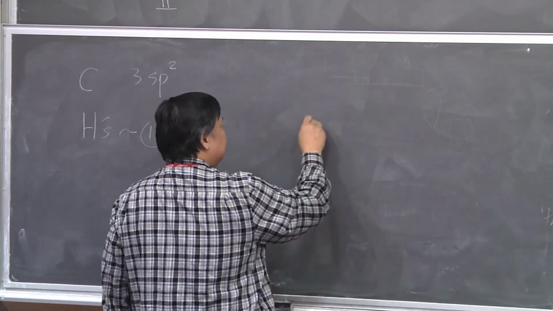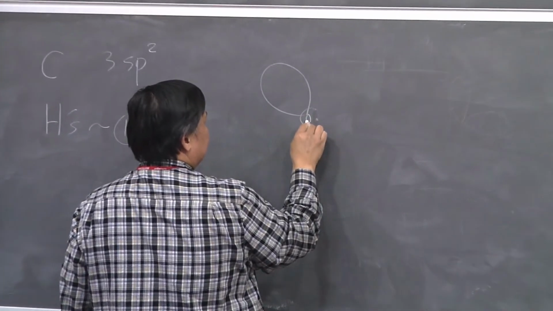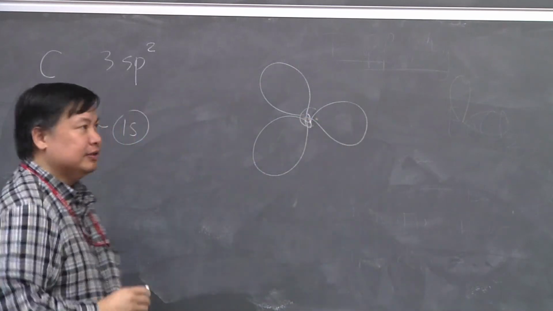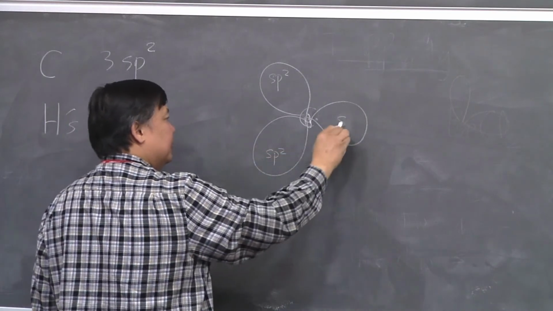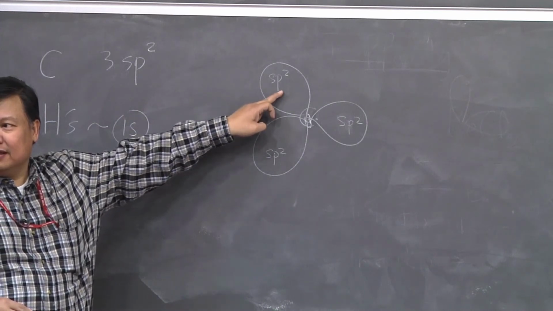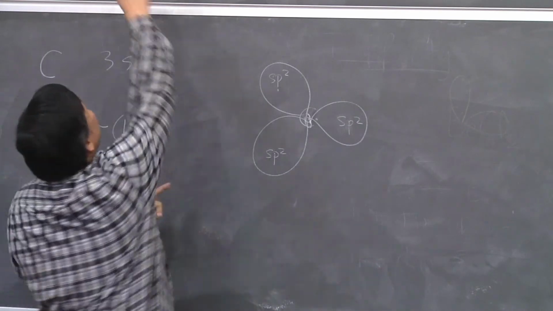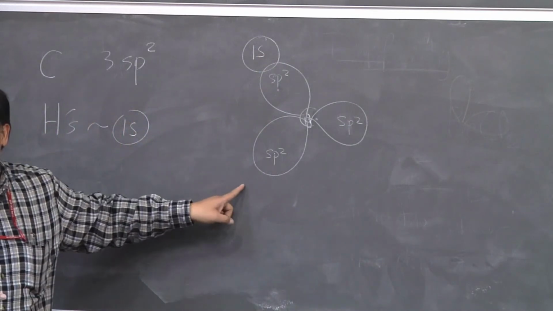So if I draw the carbon, here's my 1 sp2, here's my other sp2, and here's my other sp2. Those correspond to your sigma positions. So what do you think overlaps on this guy? What will overlap with this? And over here?